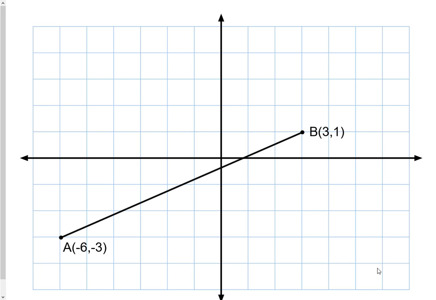First method I call the right triangle method, and this method is good because most of us are already familiar with the Pythagorean theorem from Algebra 1, and this utilizes that. So the first thing we're going to do is, given our line segment is at an angle, make a right triangle from this segment.